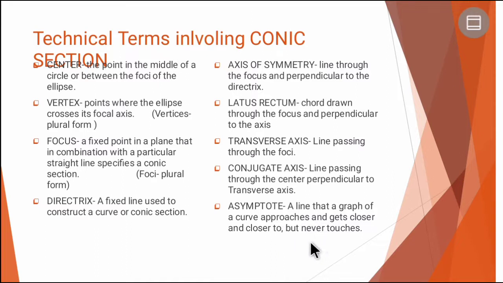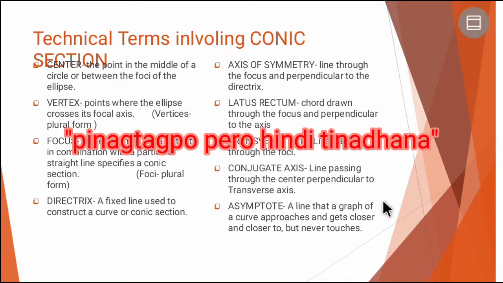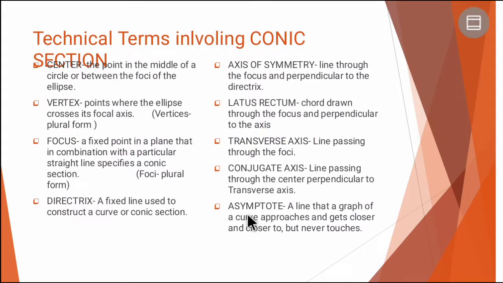Asymptote: a line that a graph of a curve approaches and gets closer and closer to but never touches. Kumbaga sa totoong buhay, pinagtagpo daw pero di naman tinadhana. Parang sa asymptote, ganun lang din. Those technical terms I'm going to discuss in my next possible videos.